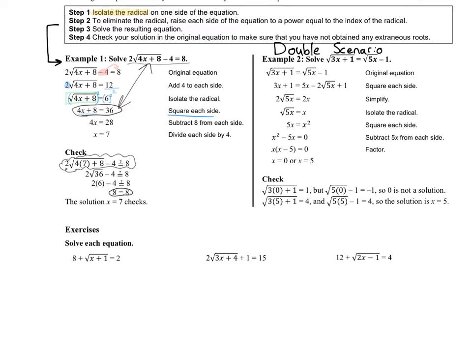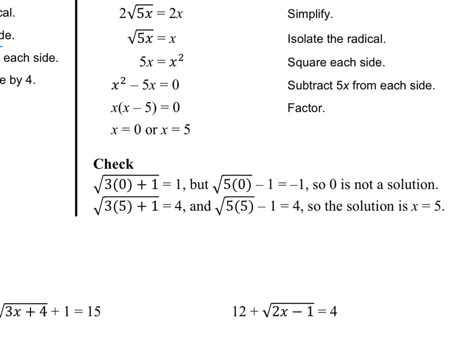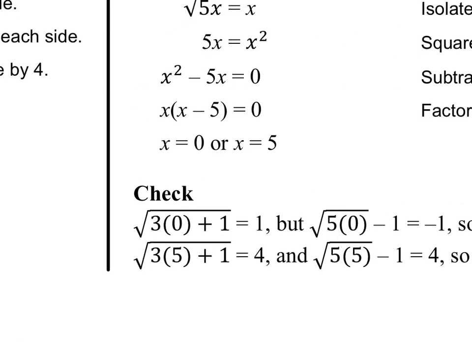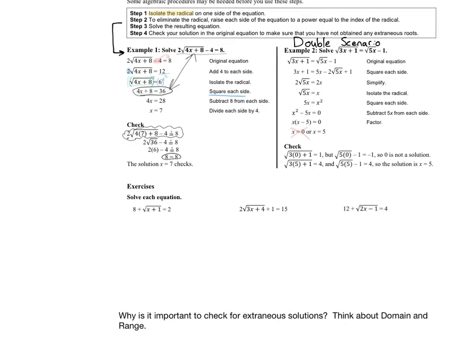We're going to come back to it in a moment. These are much tougher, but you will see that they found two different solutions. When they checked the first one, it did not work, which means that this solution here is extraneous. The second one did work. So we'll want to just keep in mind that we must check our solutions on these to verify that they are in fact going to work.